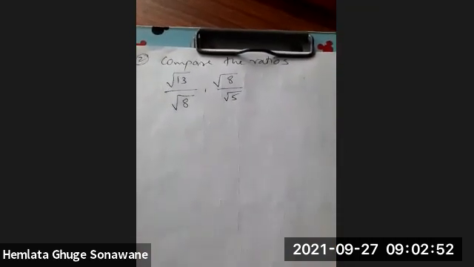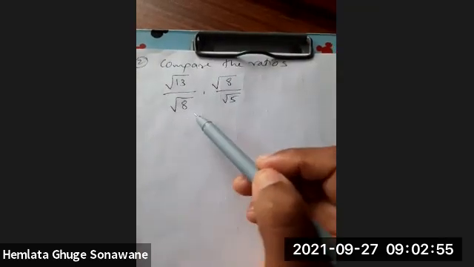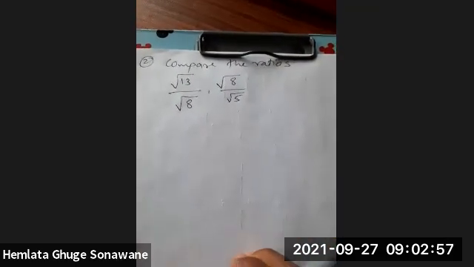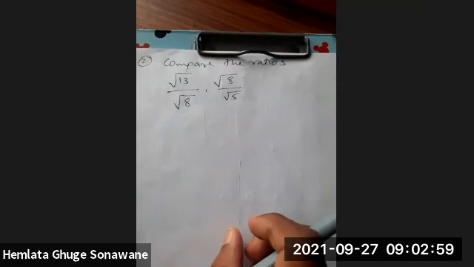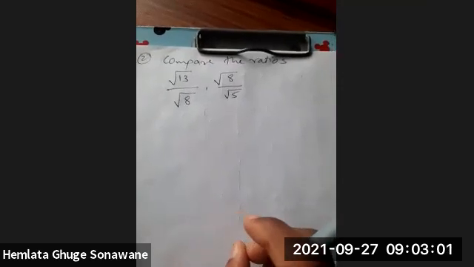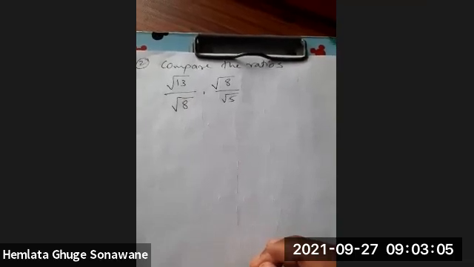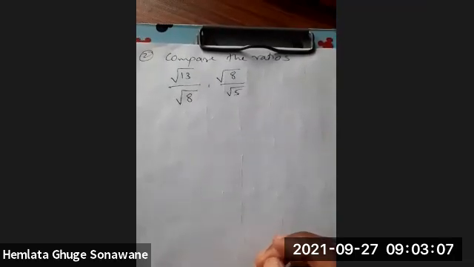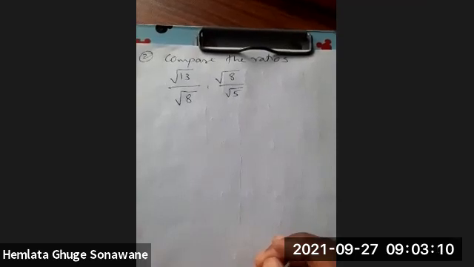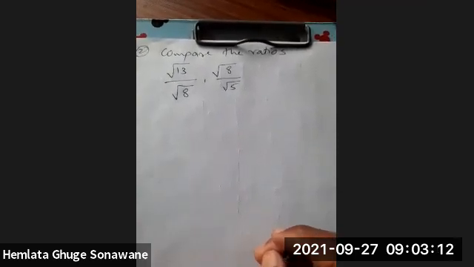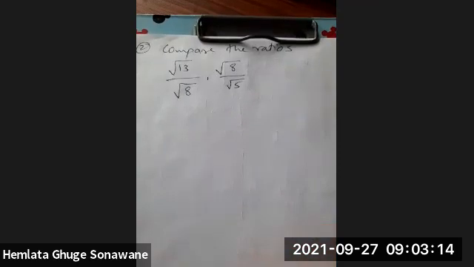We have to do the cross multiplication and compare the answers we get, to see which number is greater and which is smaller. Please solve in your notebook. I am giving you 2 minutes.